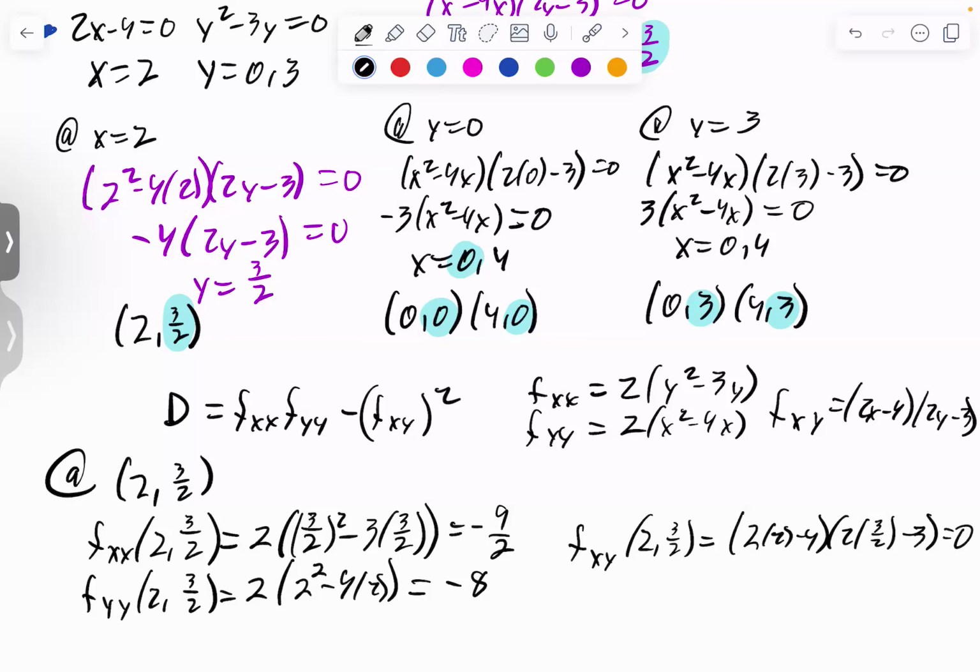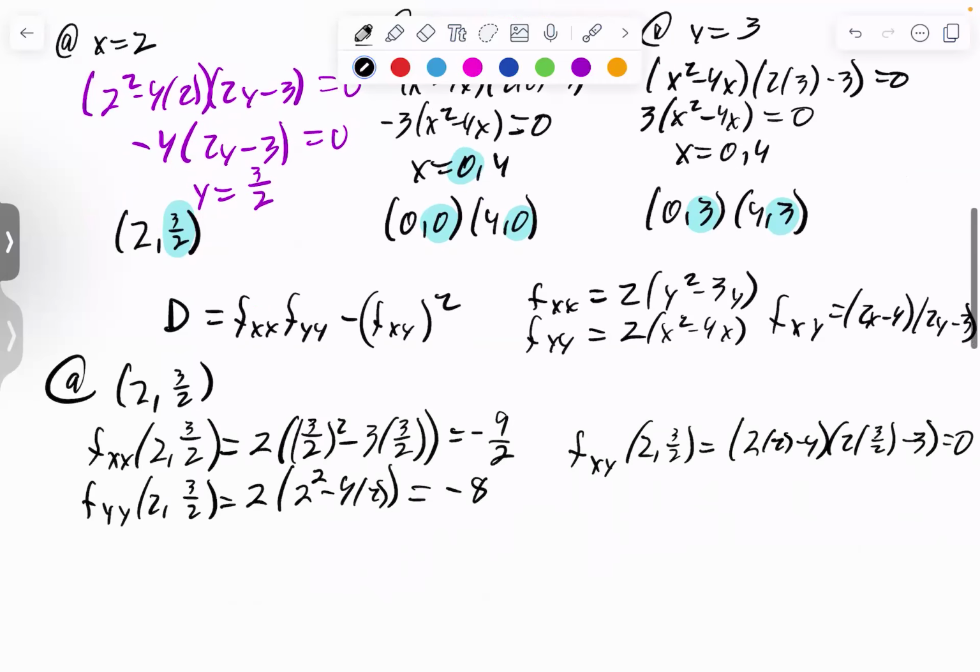It actually doesn't matter. Once we get 0 times, who cares? The whole thing's 0. The point is our D here, specifically at (2, 3/2), is negative 9/2 times negative 8 minus 0 squared, which is a positive, let's see, that becomes 4 times 9, 36.